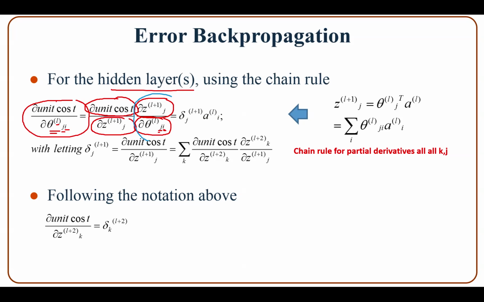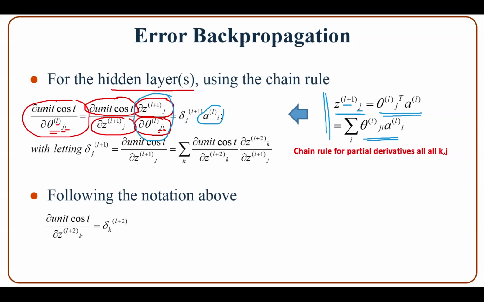The second derivative is actually just this, because we have z at layer L plus 1 node j is equal to this, and that can be written in the sum format.